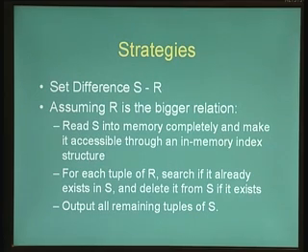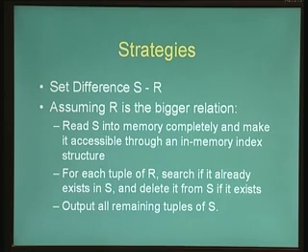The tuples that should be there in the final output are those tuples of S that are not in R. So what we do here is, for each tuple of R for which we find a matching tuple in S, we cancel them out, that is, we delete the tuple in S from the index structure or the hash table that we have been using.